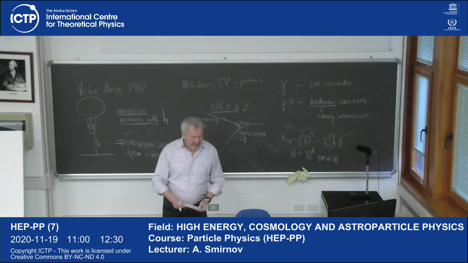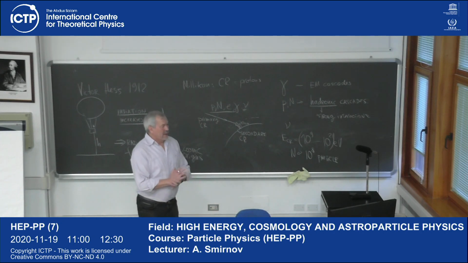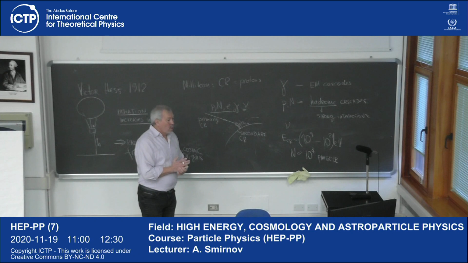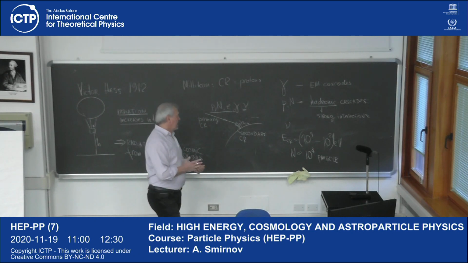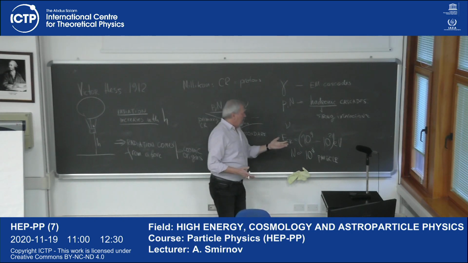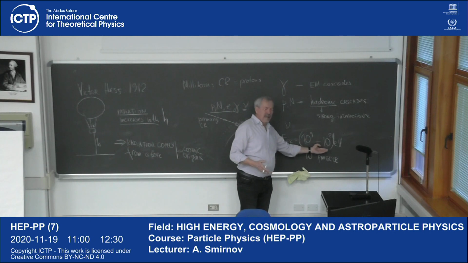As I said, it's still an open question what precisely the source of the cosmic rays is. And apparently these high energies are because of acceleration processes. Originally these particles are at lower energies, but because of certain acceleration processes, they reach such high energies.